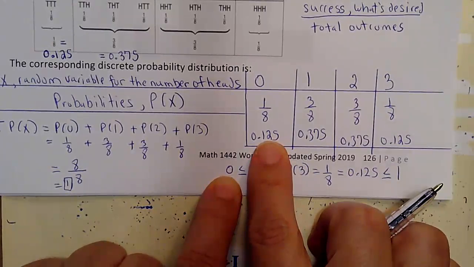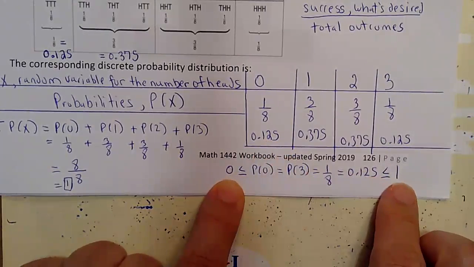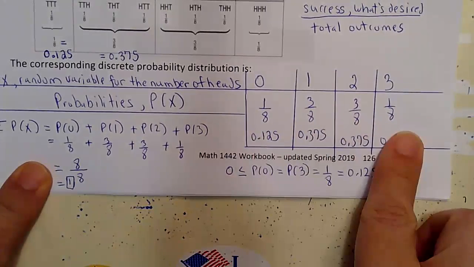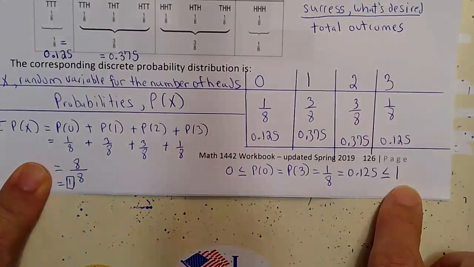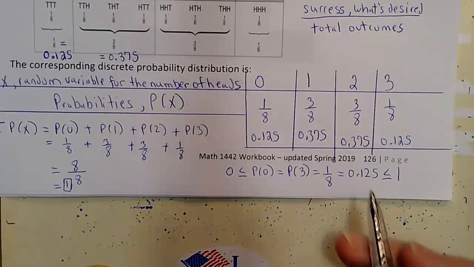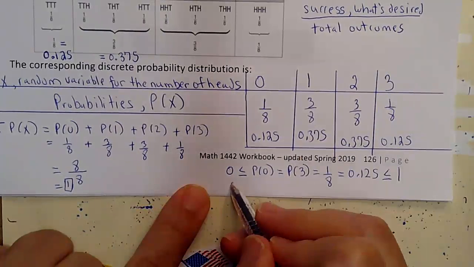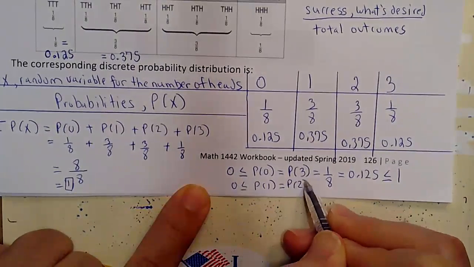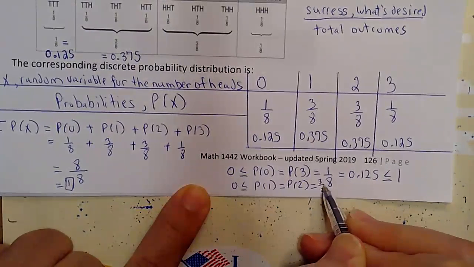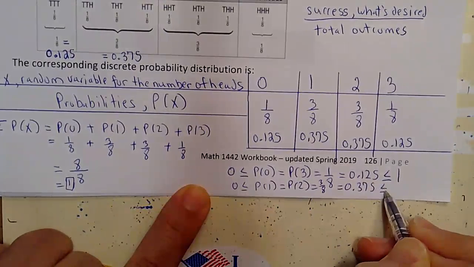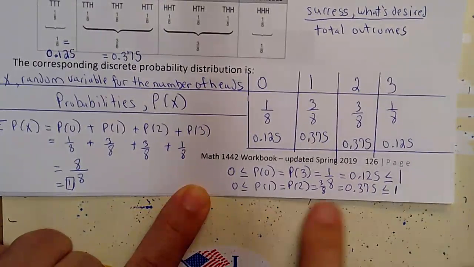If you think about money, 13 cents, 0.13. That's between 0 and 1. So you can't have any negatives, and you can't have anything over 1. Also, if it were percentages, it couldn't have anything over 100%, right? And no negatives. Okay, and then also P of 1, which is equal to P of 2, which is equal to 3 over 8. So that's the value 0.375. Oh, no, that's also met. Okay.